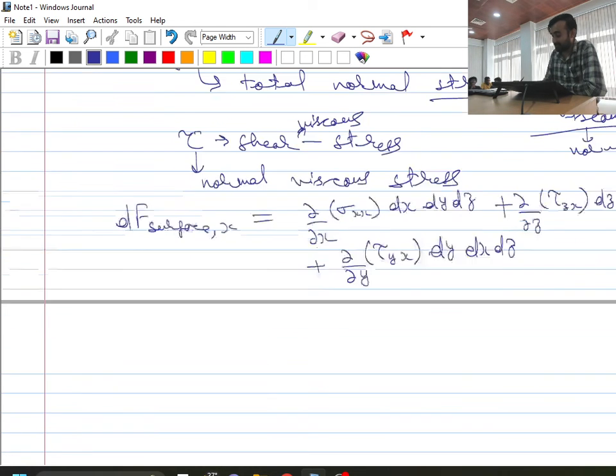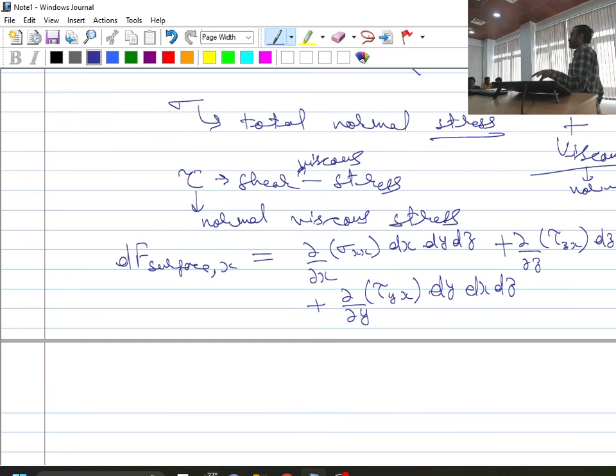So this is the only contribution to the surface force in which direction? The x direction. Till now I have only considered the x direction. Now I will consider the surface force in the y direction. Please tell me from the analogy.